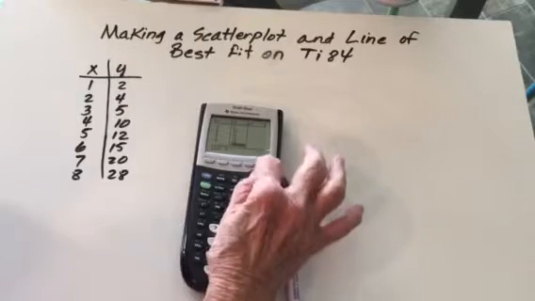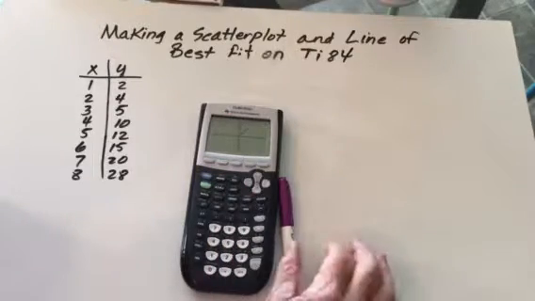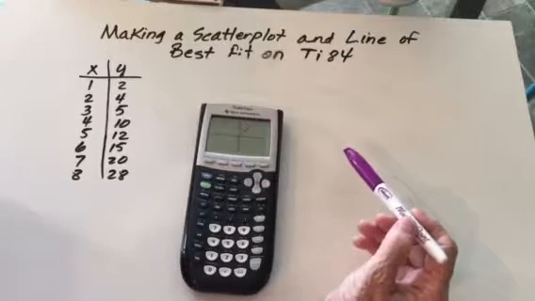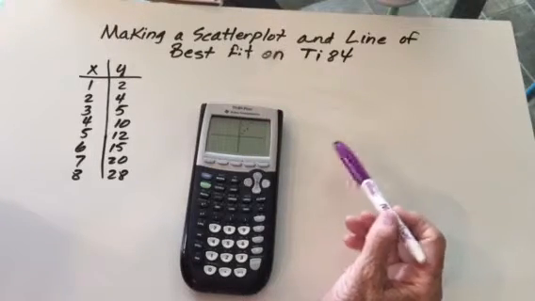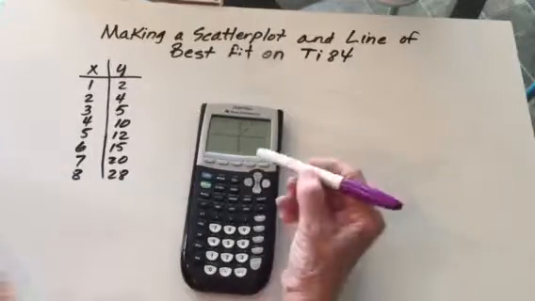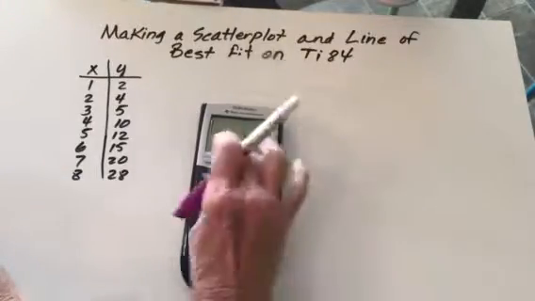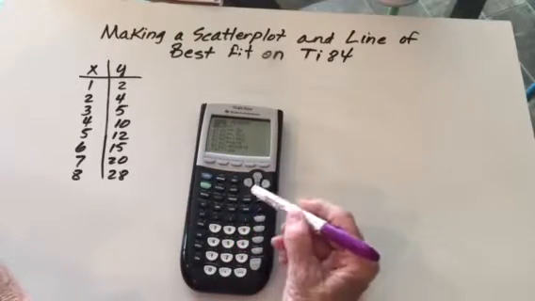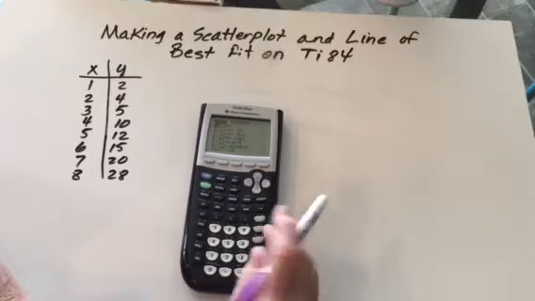All right, now I'm going to push graph. Well, now you'll notice that there are some points here, but not all of them. So we want to see all the points. So this is what you do next. You push this button right here that says zoom. Then either you go down with your cursor to number 9, or you just hit number 9.